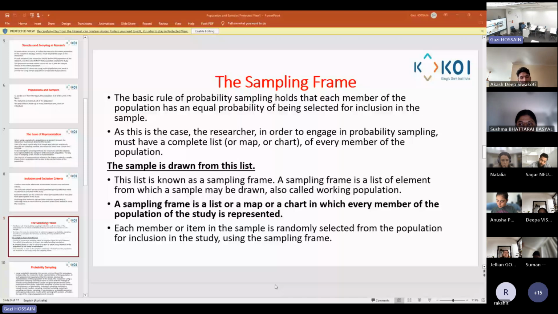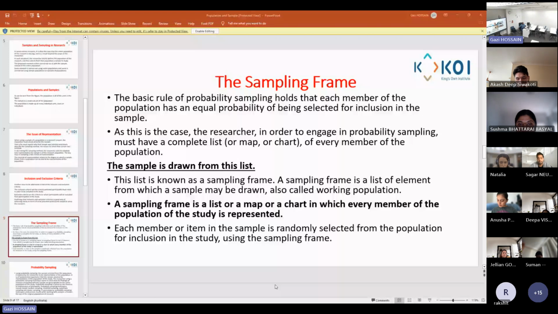For example, we will be collecting data from international graduates. Any of the graduates out of 600,000 or 500,000 can be our sample. They have the probability. But with non-probability sampling, no. Not all of the population has an equal chance to be the sample.